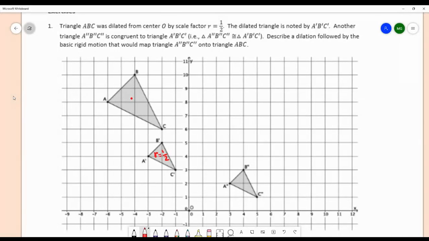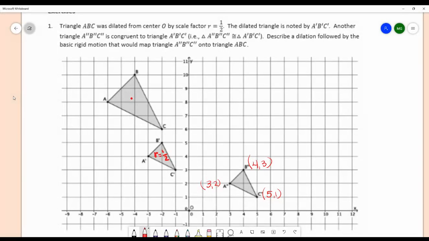Well, let's find those ordered pairs again. B prime prime is 4, 3. C prime prime, 5, 1. And A prime prime is 3, 2. Now we need to dilate.